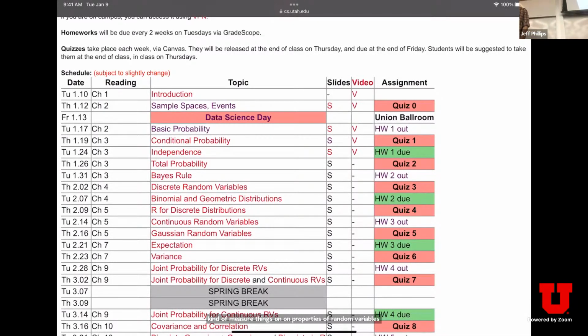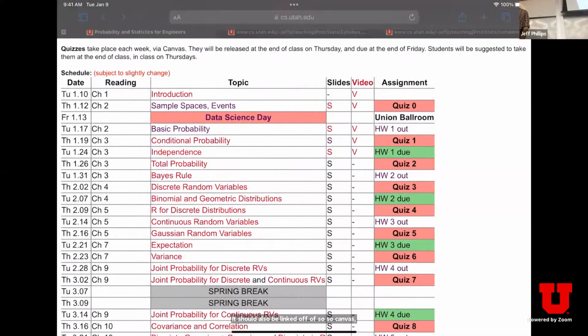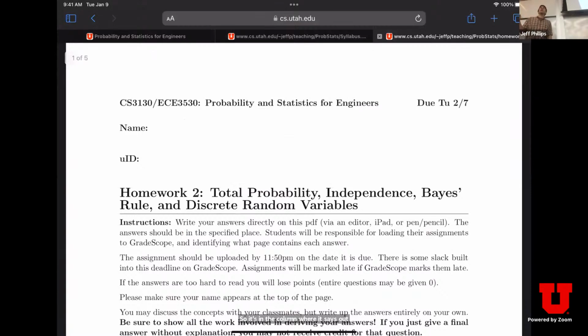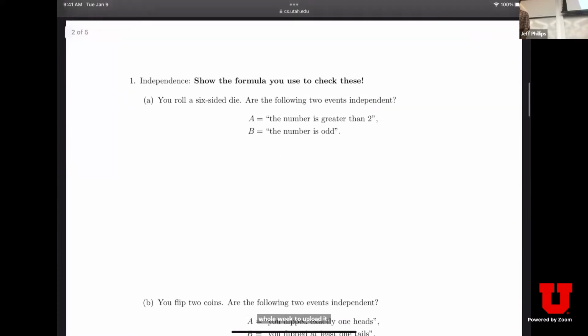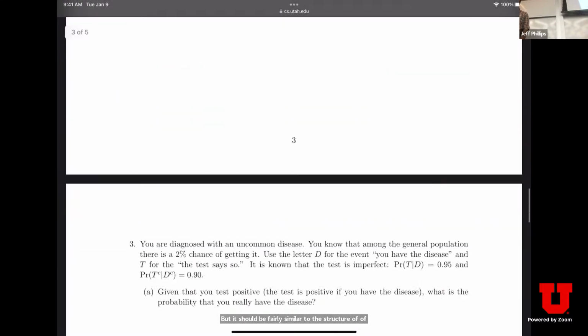Okay, so homework 2 is out. It's always linked off of here. It should also be linked off of Canvas, in the column where it says out. It's not on Gradescope yet. We still need to encode it on Gradescope. That'll be done by next Tuesday, so you have a whole week to upload it. It should be fairly similar in structure to homework 1.